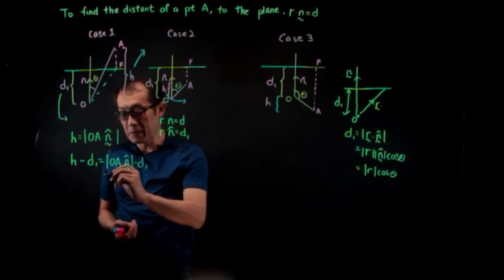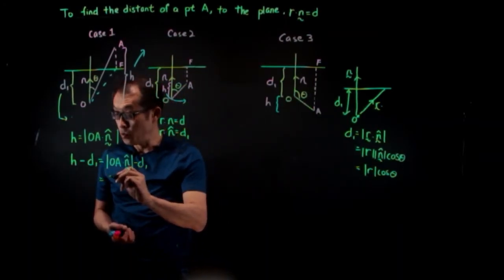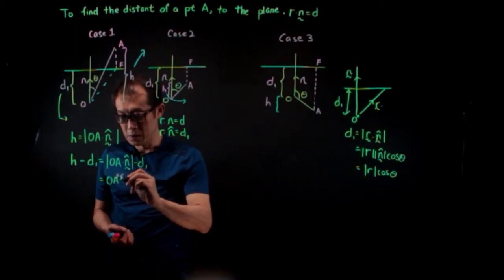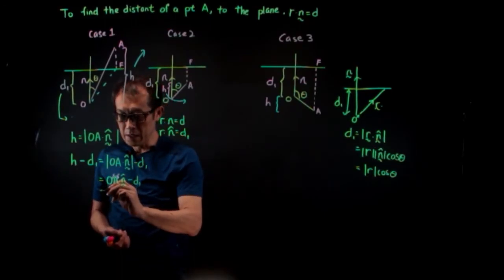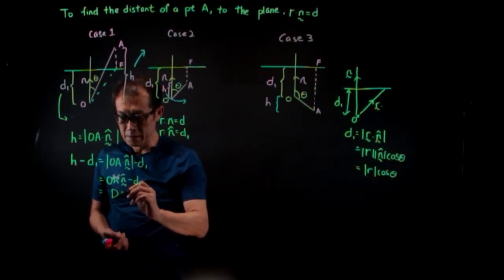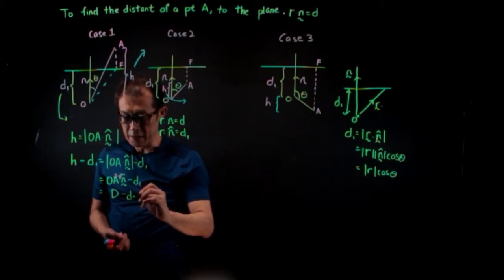For now I will leave it without the mod: OA dot n minus d1. Let's call this big D.